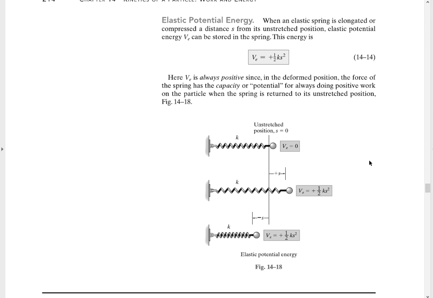It matters only the initial and the final position when it comes to evaluating the work done by the elastic spring. And again, the work of the elastic spring is going to be negative if you work against the spring, and positive if you work with the spring, that is, you undo its deflection. And deflection could be stretch or compression.